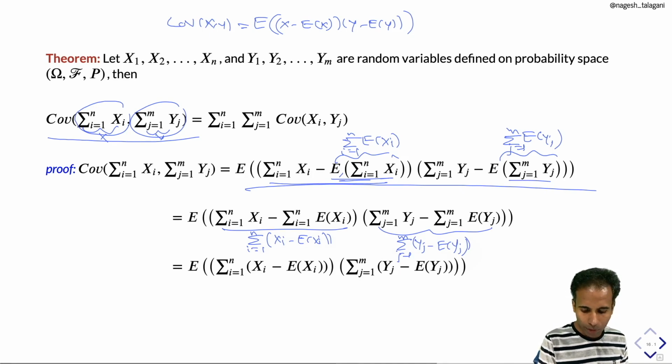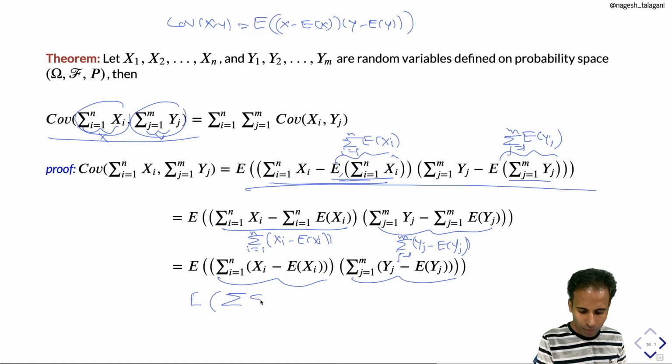Now if I multiply these two summations inside, I will end up with a double summation, i equal to 1 to n, j equal to 1 to m, of xi minus expectation xi times yj minus expectation yj.